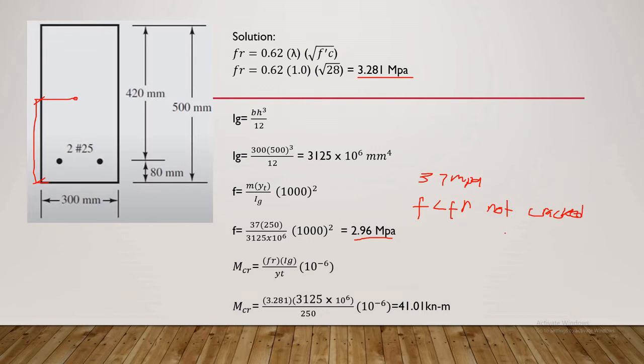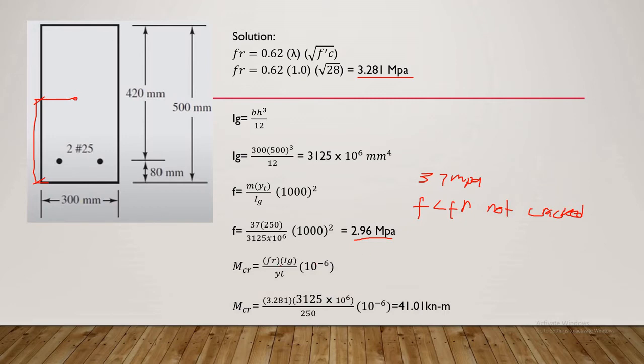Yan. So makukuha na natin yung ating cracking moment na ang formula natin dito is FR multiplied by moment of inertia over yung ating YT, and para maging kilonewton meter is times natin siya sa 10 raised to negative 6.